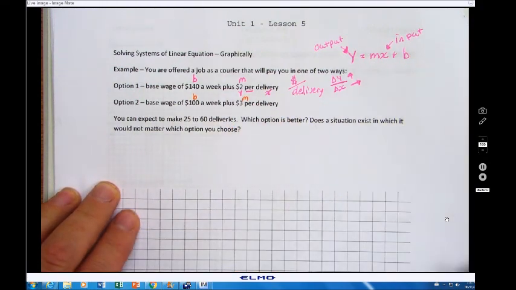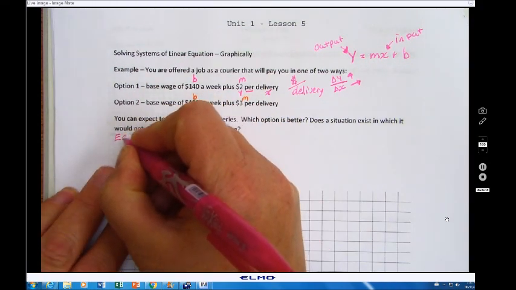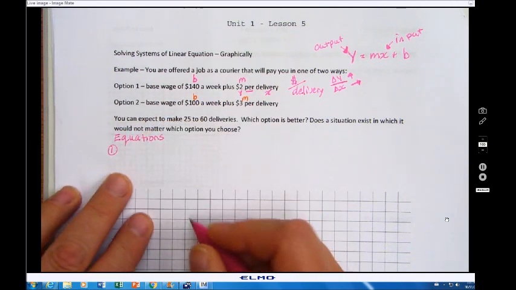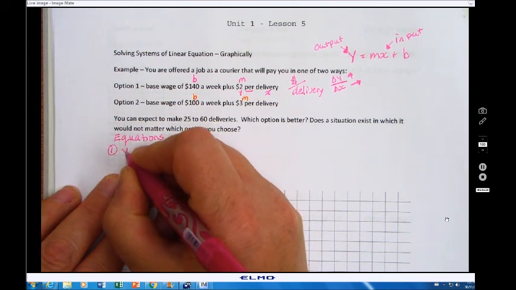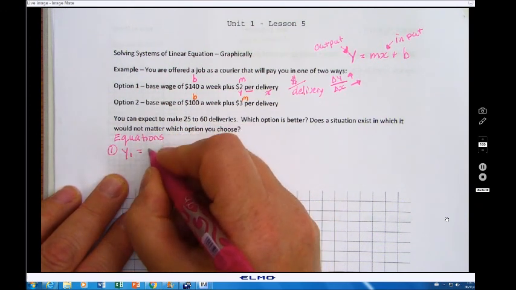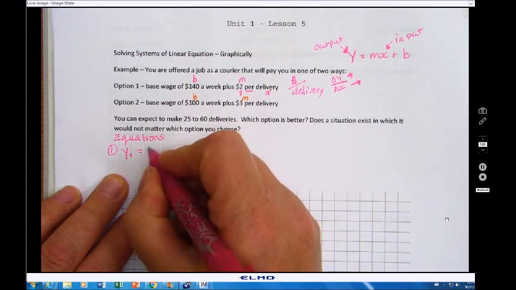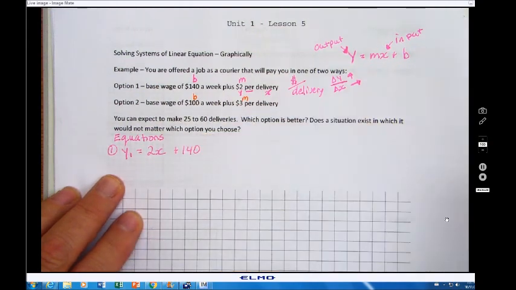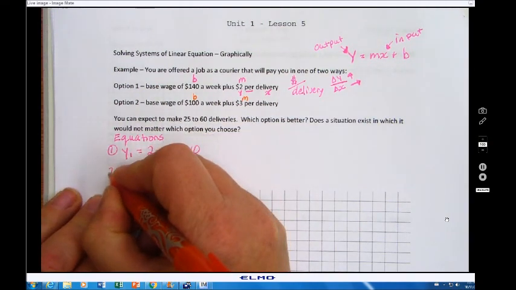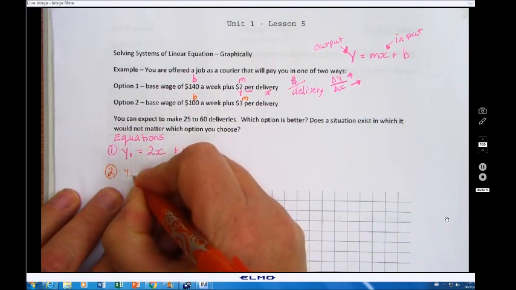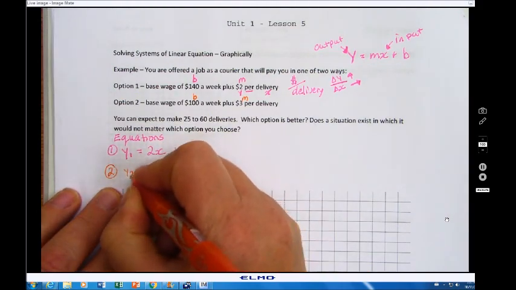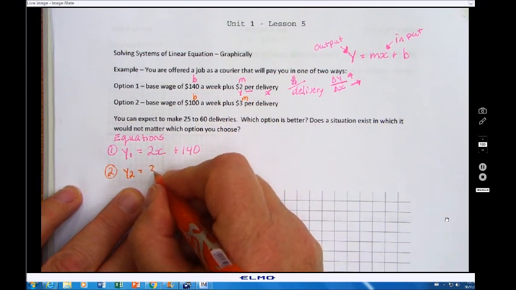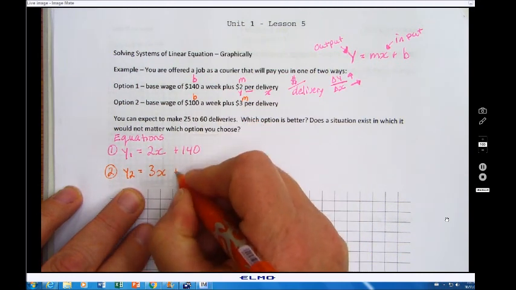So we have equation 1, which we'll call y1 equals our slope 2x plus 140, and our second equation is y2 equals our slope 3x plus 100.